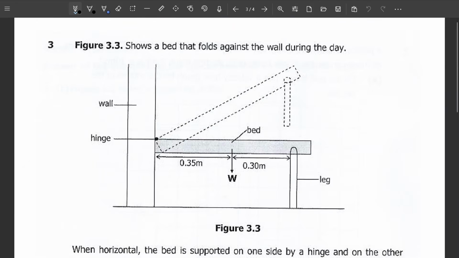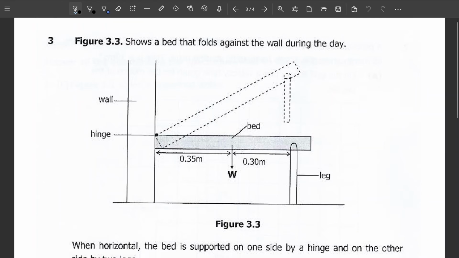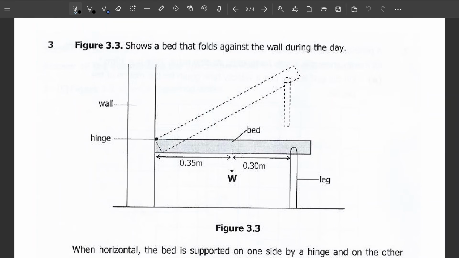The next question here, 3, says figure 3.3 shows a bed that folds against the wall during the day. So we have the bed that folds against the wall during the day.